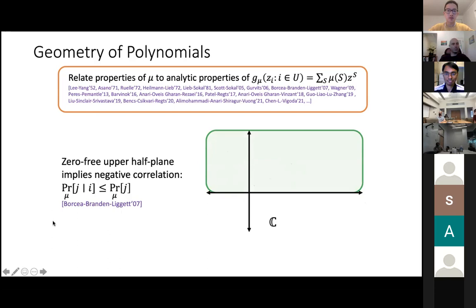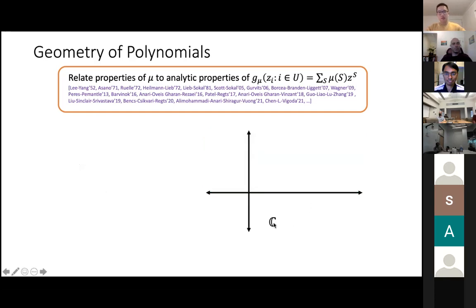This is a nice correlation property of your distribution mu, and it is implied by a nice analytic zero-free property of your generating polynomial. I'm just trying to give you a flavor of the kind of results in this area of geometry of polynomials. So this is one example of such a result.